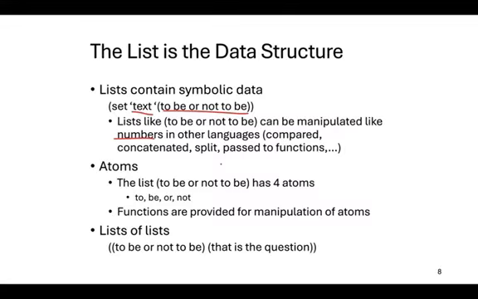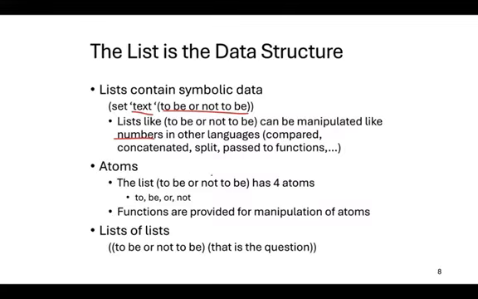And in Lisp, the list consists of atoms. Think of atoms as the smallest entity you have. You cannot break them down into anything more, similar to atoms in chemistry, if you want to think about it this way.